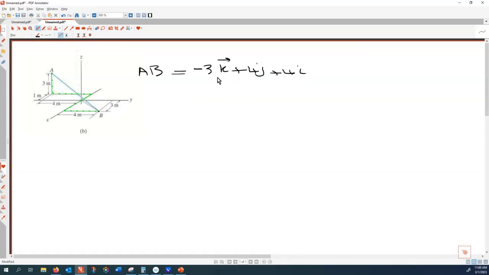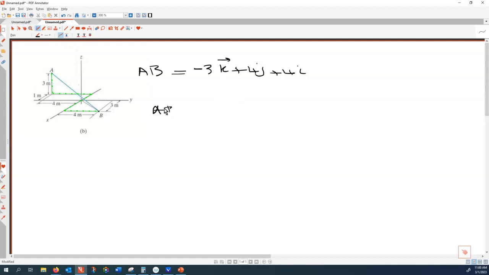Okay, so 4i, 4j, minus 3k. So always you need to take from the midpoint, right? You go from A to B, so you are taking the distance from midpoint. I mean, you could do this in a different sequence, but I just made this visually easy to follow.